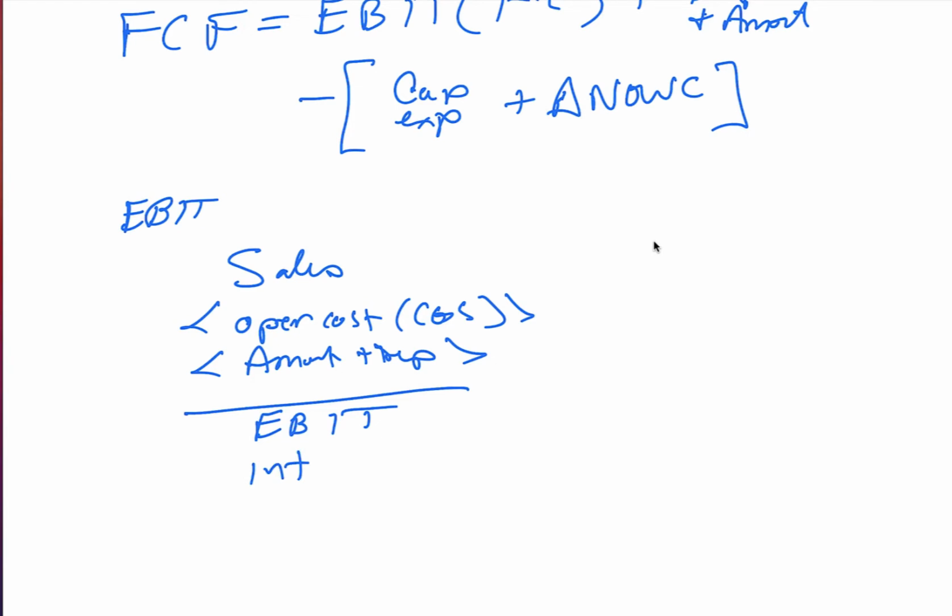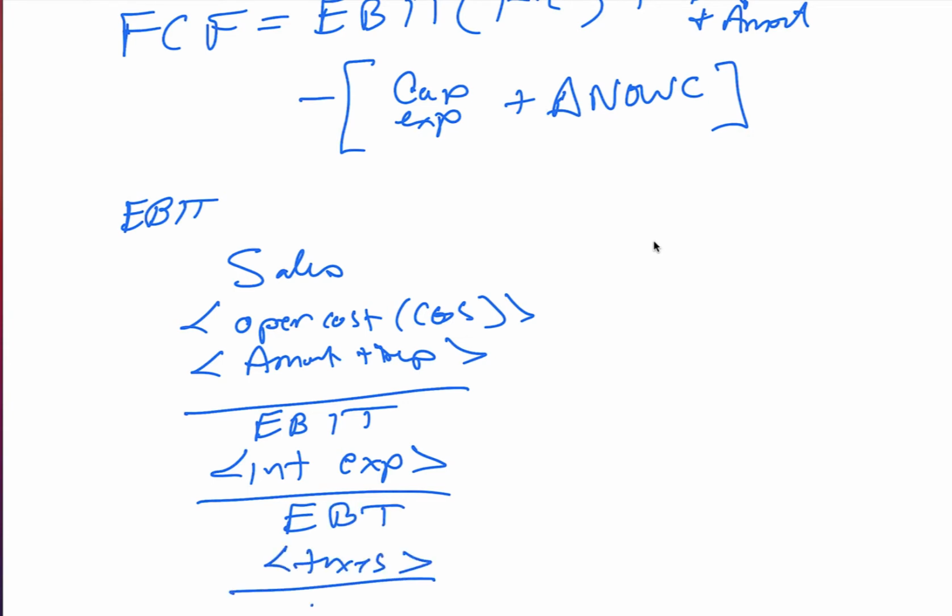And then we consider interest expense, and we end up with earnings before taxes. Then we look at taxes that are paid, and we come up with earnings, or what we call net income. And so this is the earnings from operations right here, earnings before interest and taxes.